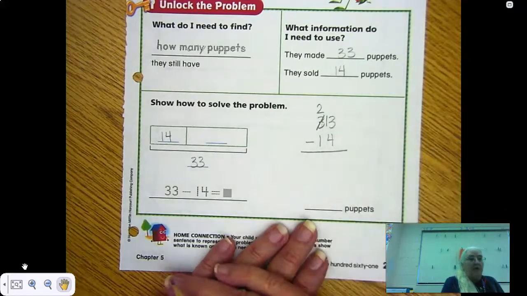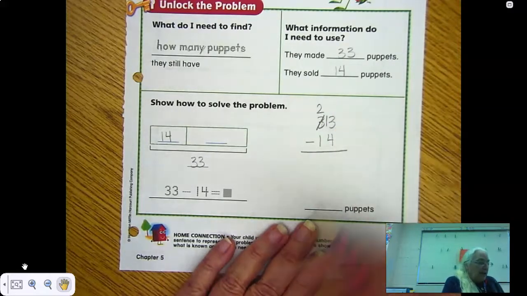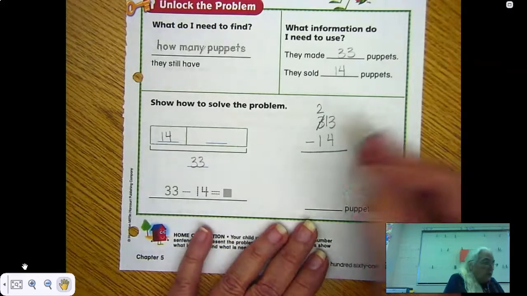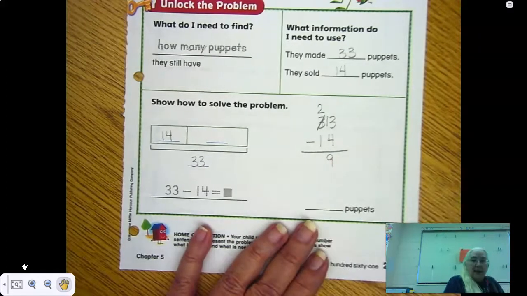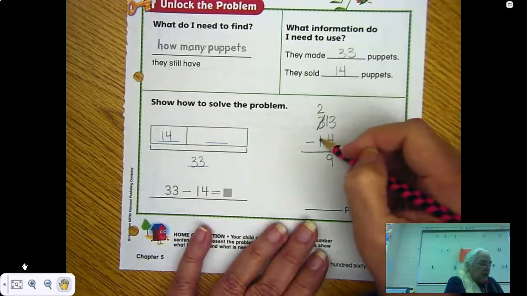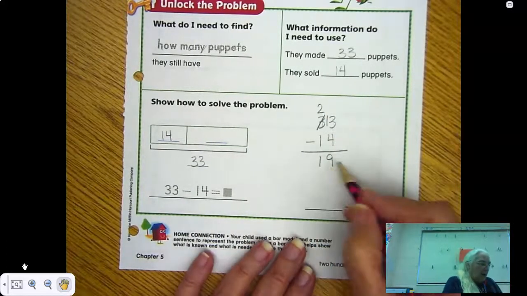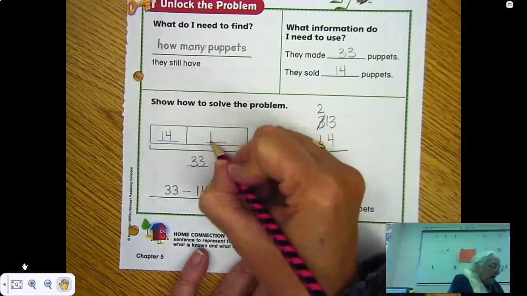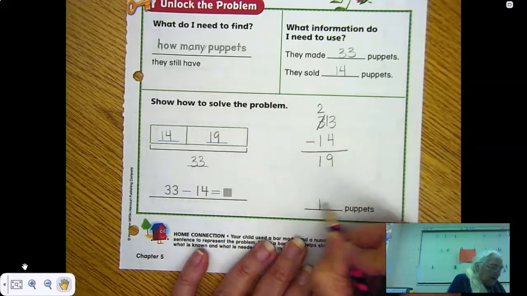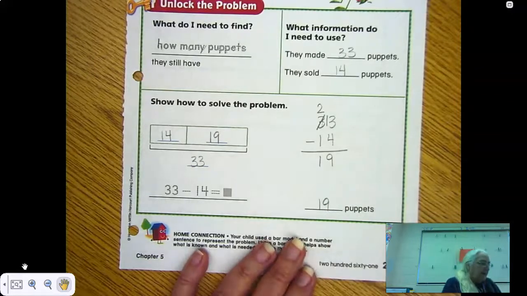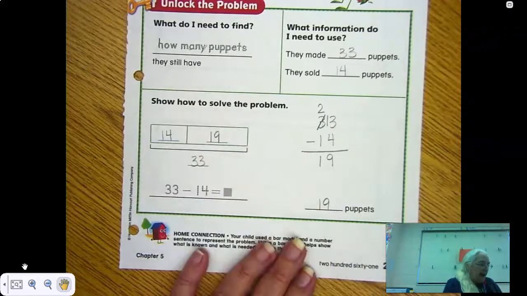So now I have 13. 13 take away 4 is 9. And 2 take away 1 in the tens column is 1. So what's left over? 19. There are 19 puppets that they still have.